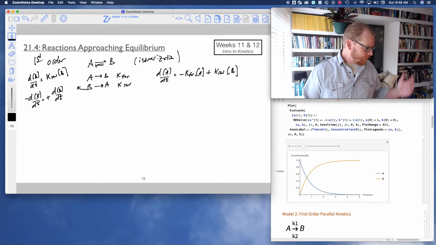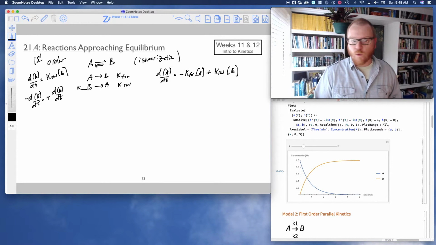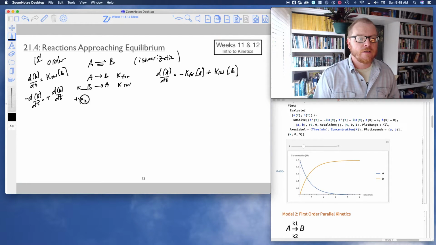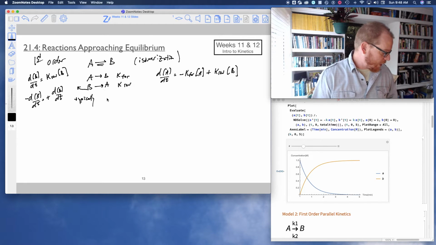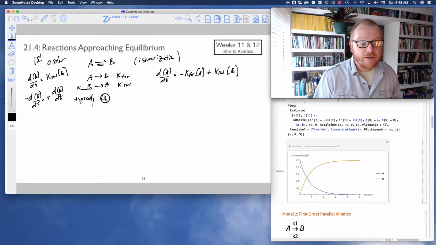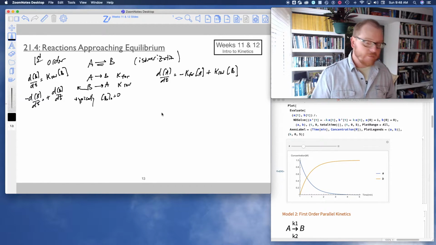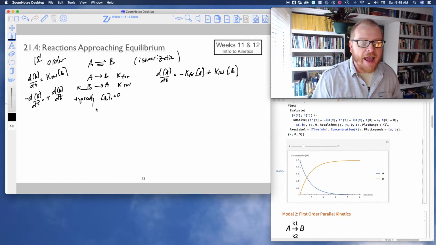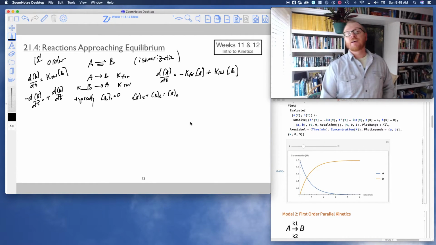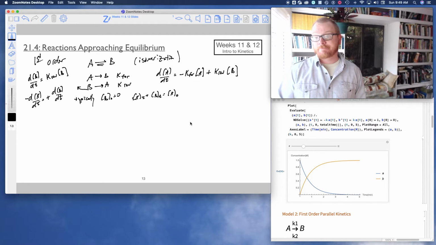Okay? And the reason why we're thinking about that in terms of A, because typically we would have B initial equal to 0, and A at any time plus B at any time must equal the initial concentration of A. So all that is saying is stoichiometry, right?